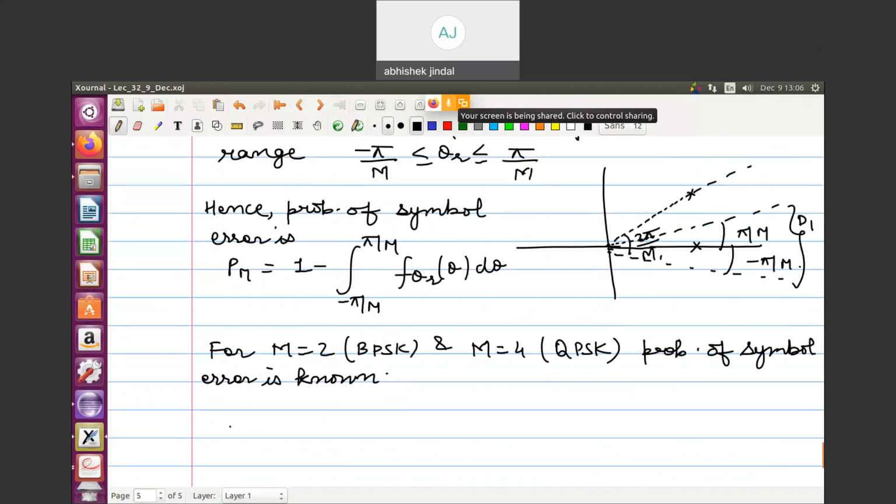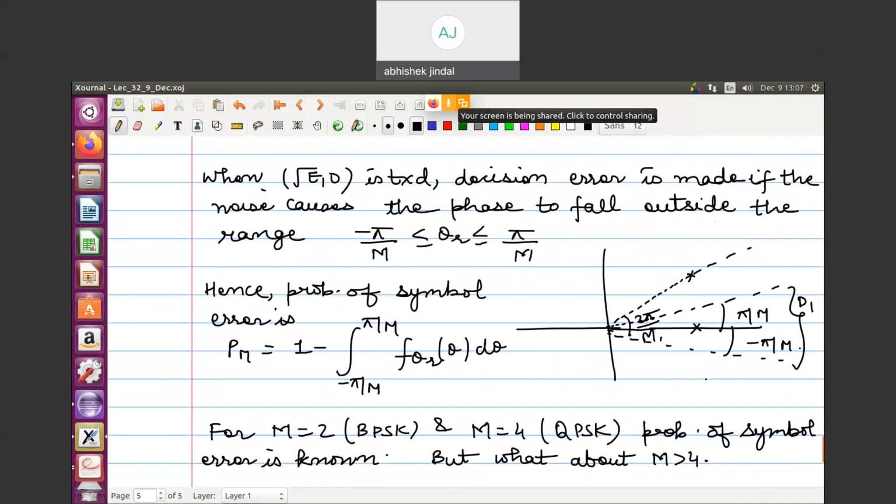But what about M greater than 4? Meaning for a general value of M, let us say 8, 16, what will you get? Generally we take M such that log 2 M is an integer, so we take M as some power of 2: 2, 4, 8, then 16.